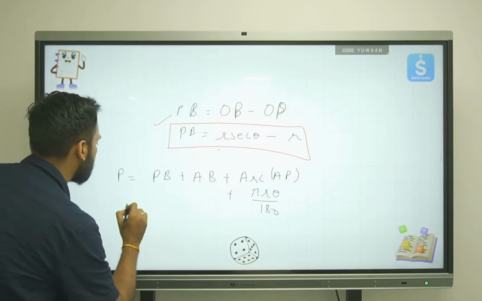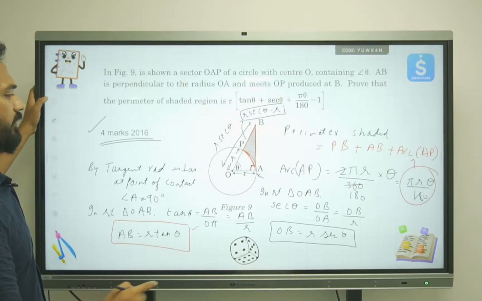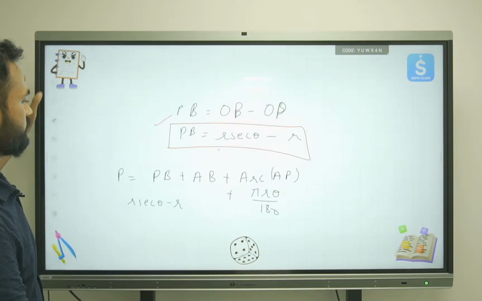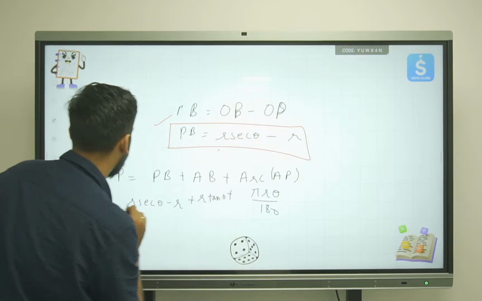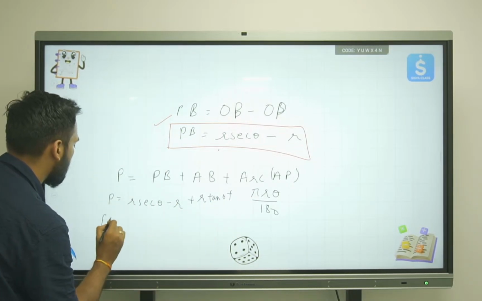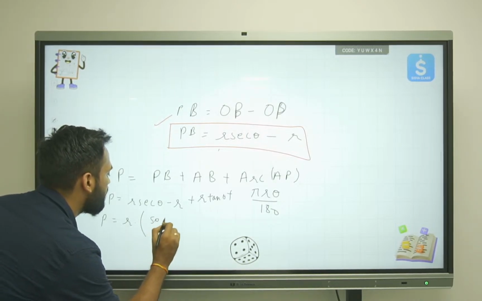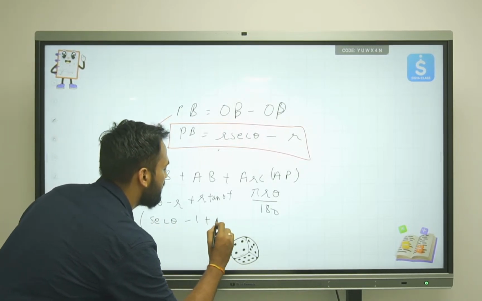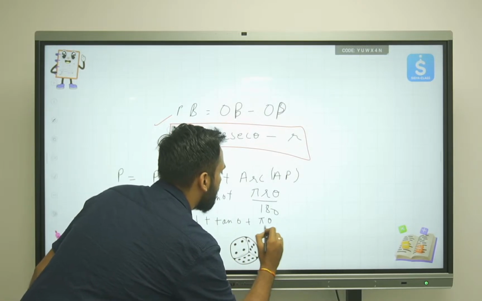PB is r secant theta minus r. AB is r tan theta. Okay. So from this we'll be taking r common. If I take r common and rearrange, it is written as secant theta minus 1 plus tan theta plus pi theta by 180.